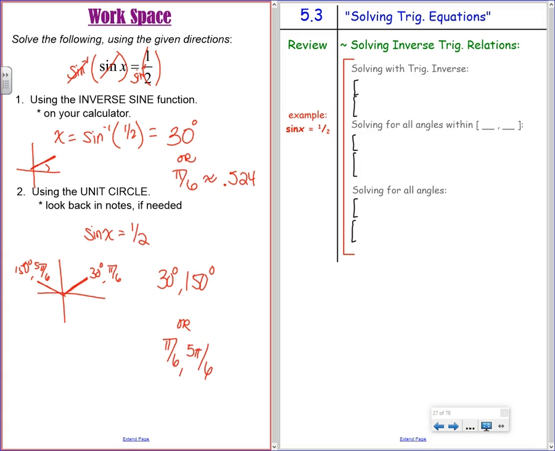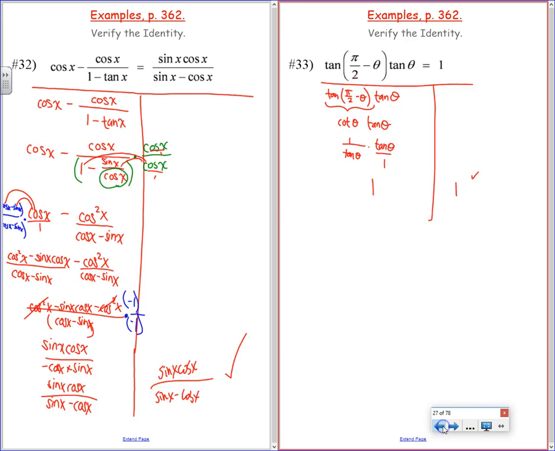And guys, this leads us to the notes. The directions are going to lead you as far as how many answers you should find. Now, first of all, let me have you look back at the beginning of section 5.2, the very first page. Go ahead and flip back.